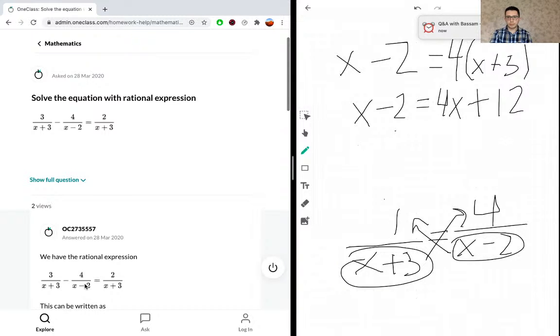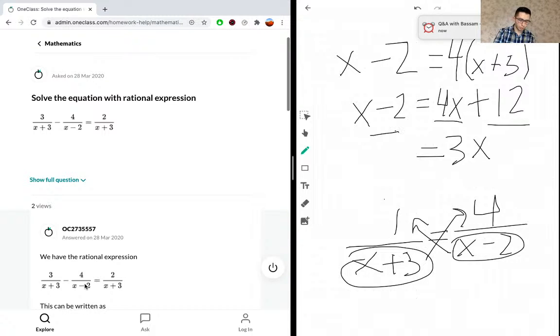And then we'll rearrange here. So 4x and then minus x on this side. We'll move this over to this side by subtracting x on both sides. That'll give us 3x on this side. And we'll subtract 12 on both sides.